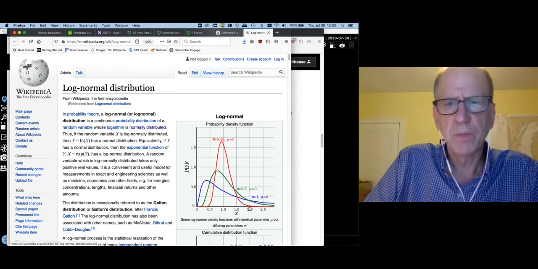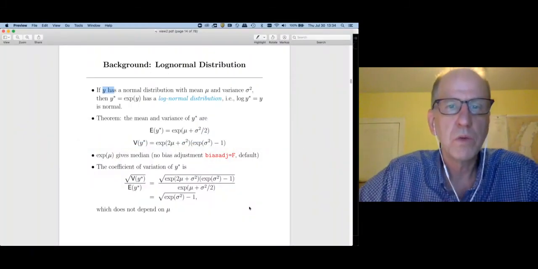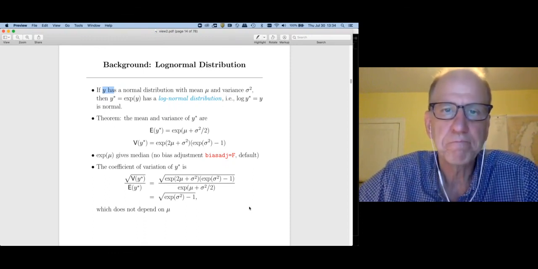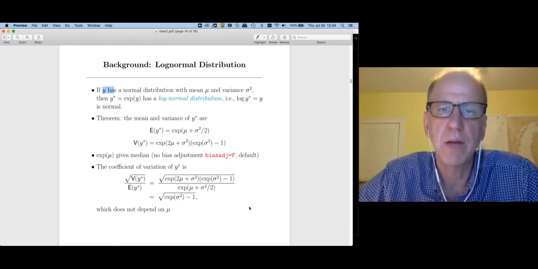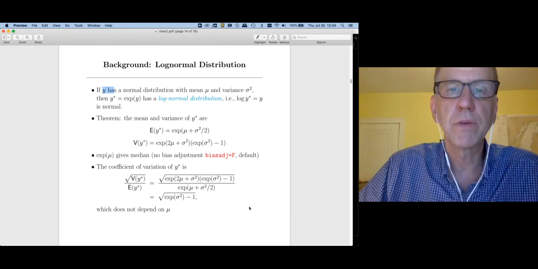All right, so back to the course packet. When you say you don't want a bias adjustment, you just get the median. And Heinemann, I think, mentions how in some ways that's a more conservative way to go.